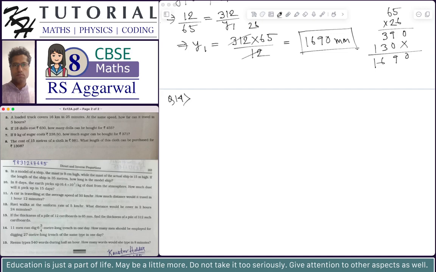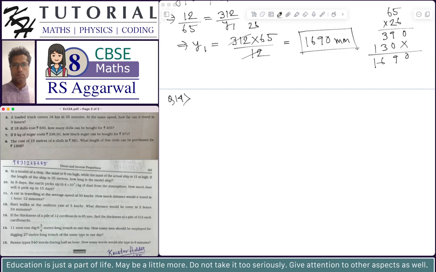So the day is fixed. If you fix the number of days, then definitely the more the number of men, the more the length of the trench which has been dug by the men. The quantities involved in this problem are the number of days, the length of the trench dug by the men, and the number of men.